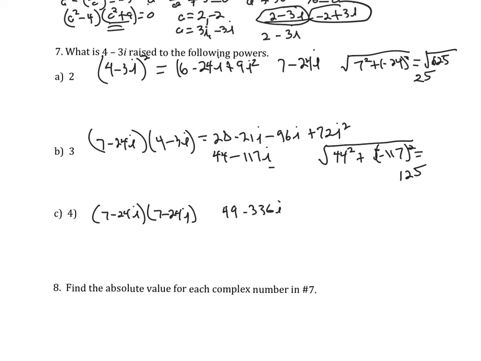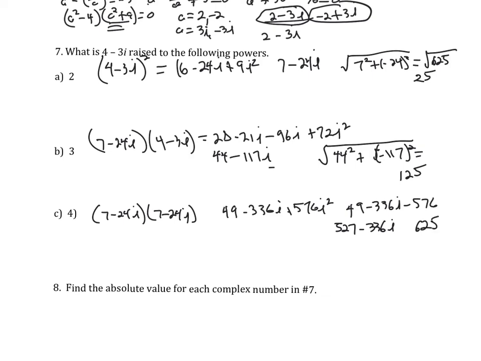And then -24 squared is 576, so we end up with plus 576I squared, or negative, so we end up with 49 minus 336I minus 576, which is the same thing as saying -527 minus 336I. When we take the absolute value of this, we're going to end up with 625.